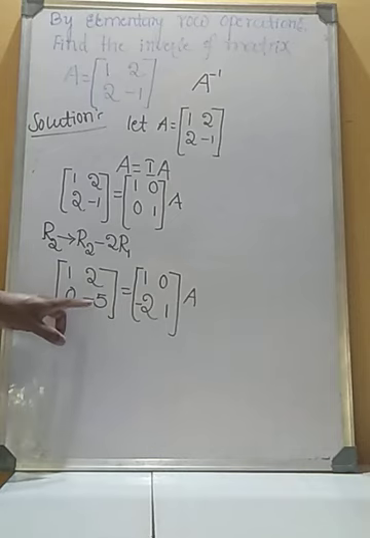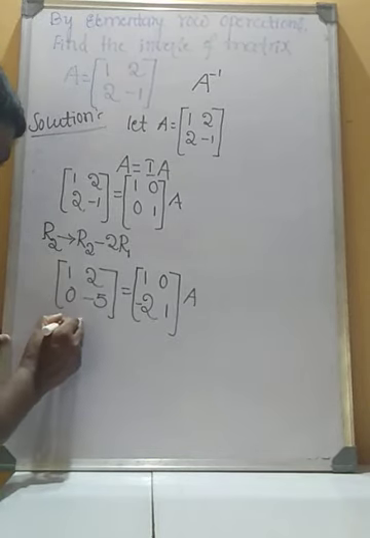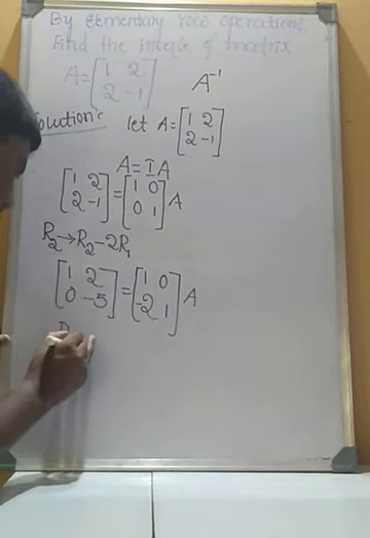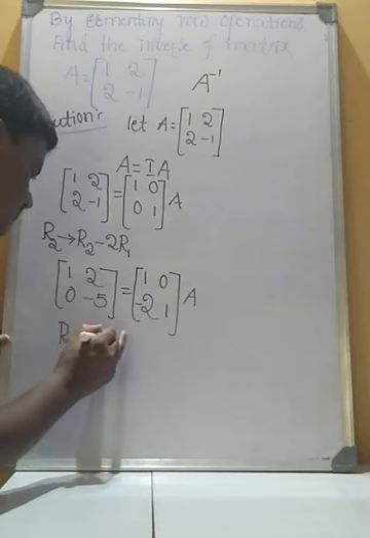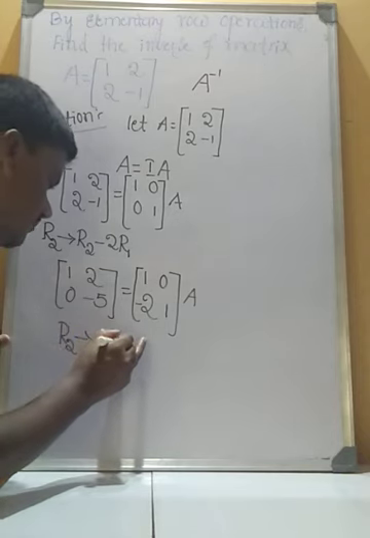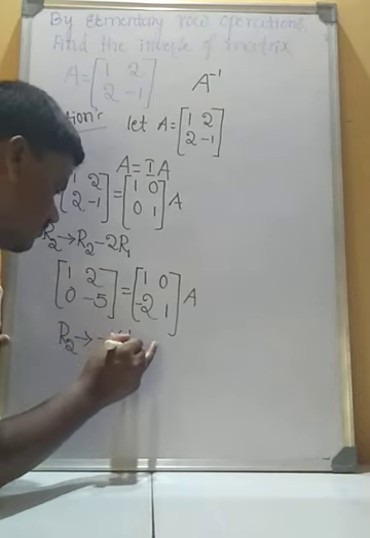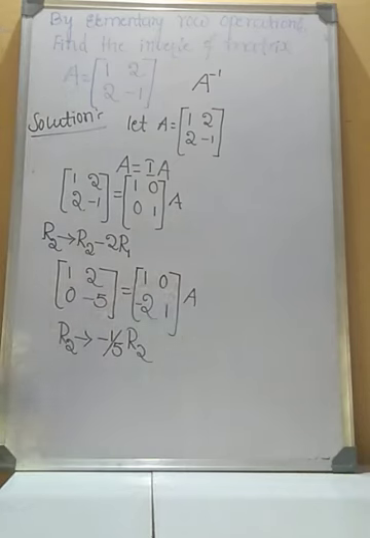The next, second row second element is minus 5, so again applying the operation R2 becomes minus 1 by 5 into R2.